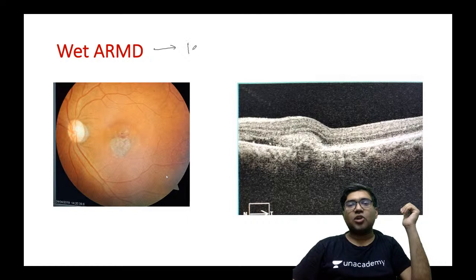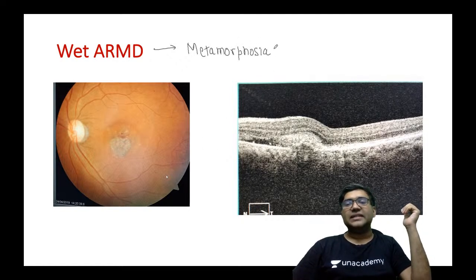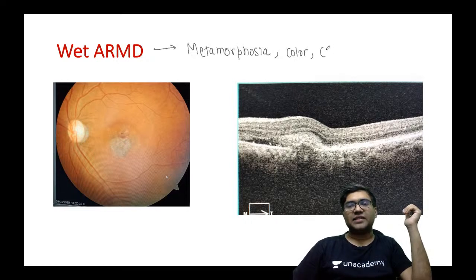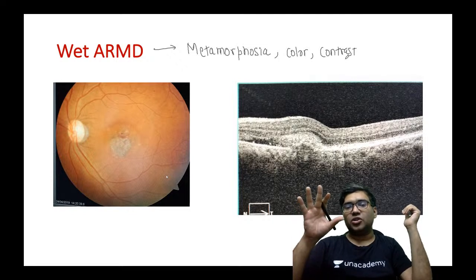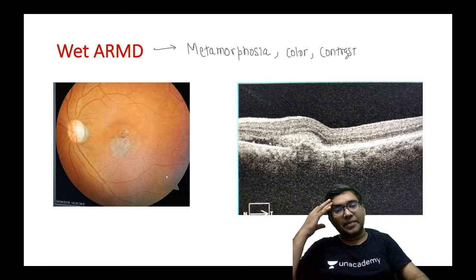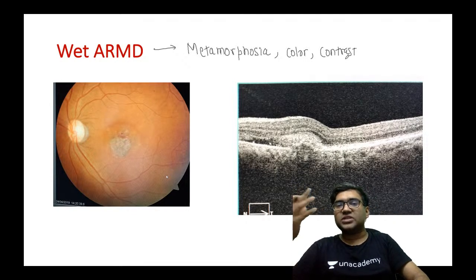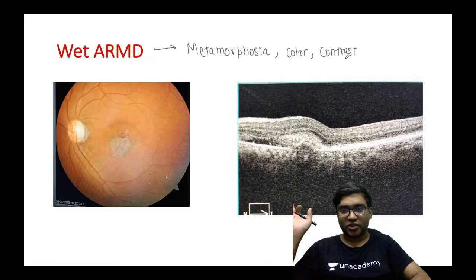What is this term called? Can anyone tell? If the patient is not able to identify the shapes clearly, we call it metamorphopsia. Then your color vision and contrast are also hampered. So remember, wet ARMD and dry ARMD both can cause metamorphopsia, color and contrast sensitivity loss.